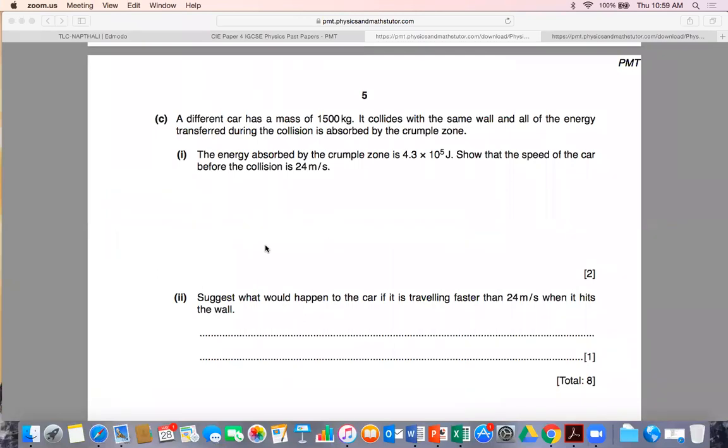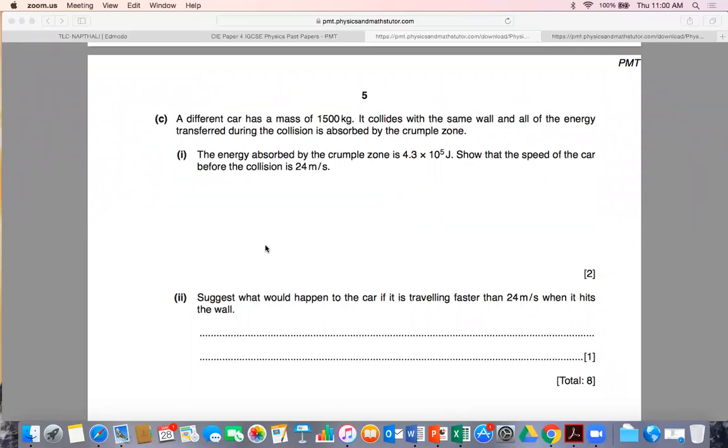In this case, the car hits and the front part of the car is crumpled. If it's faster than 24, what will happen to the car? The driver will die also. More damage, explode, basically more damage. Maybe other parts of the car will deform.